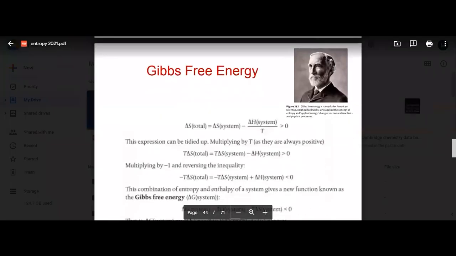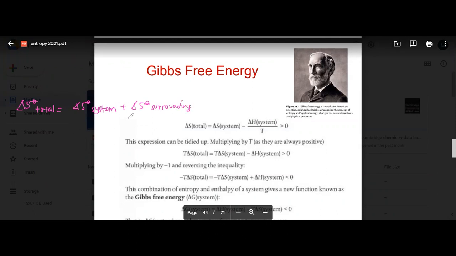Hi everyone. In this video, we will learn about the Gibbs free energy. We have learned about entropy, and the entropy can be calculated through the entropy of the system and the entropy of the surrounding. So once again, the total entropy change equals delta S system plus delta S surrounding.